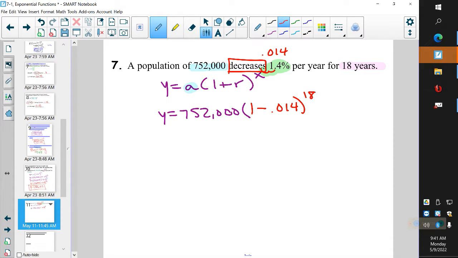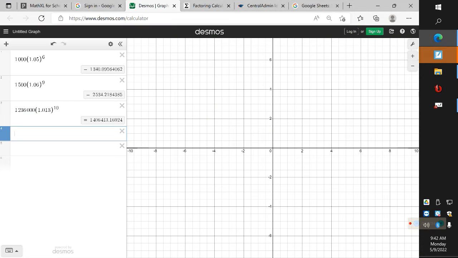So I'm going to have 18 here. Yes? So if it decreases, you are going to take 1 minus 0.014 to give you, and I want to make sure that you all see this appropriately, 1 minus 0.014 is going to be 0.986.